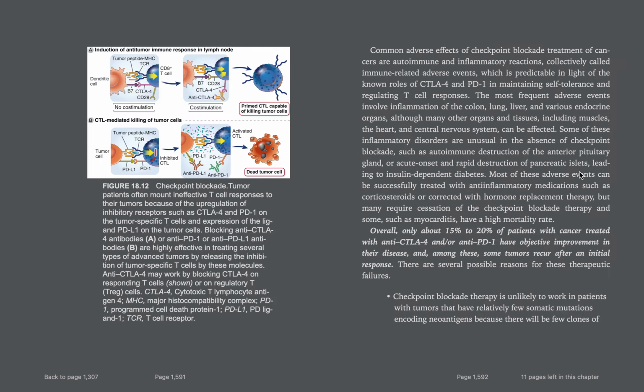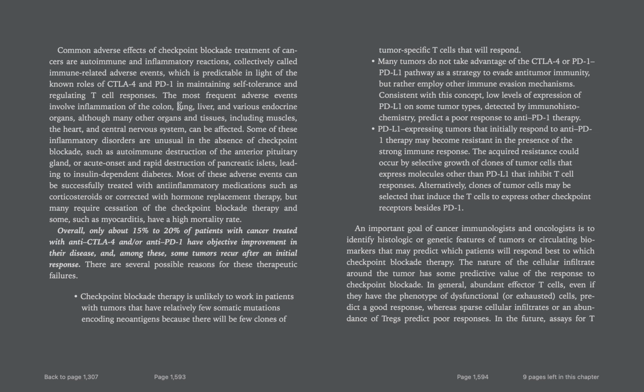So we go. A common adverse effect of checkpoint blockade treatment for cancer is autoimmune and inflammatory reactions, collectively called immune-related adverse events, which is predictable in light of the known roles of CTLA4 and PD-1 in maintaining self-tolerance and regulatory T cell responses. The most frequent adverse events involve inflammation of the colon, lung, liver, and various endocrine organs.